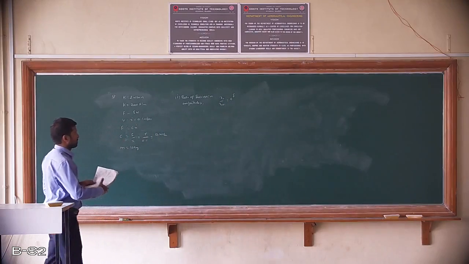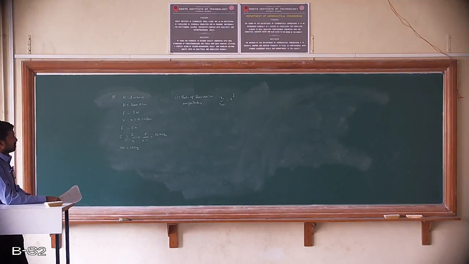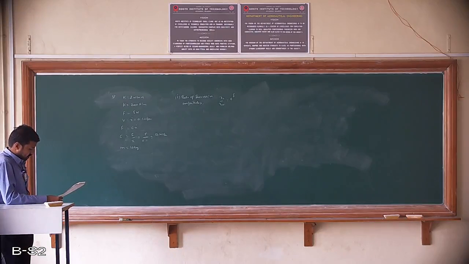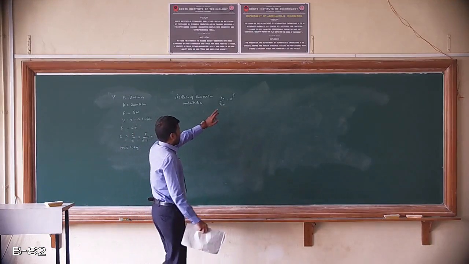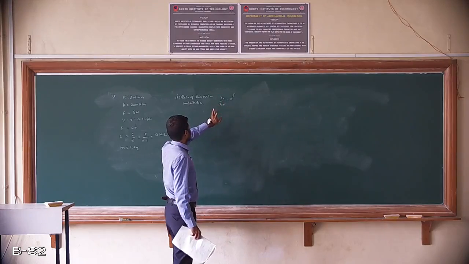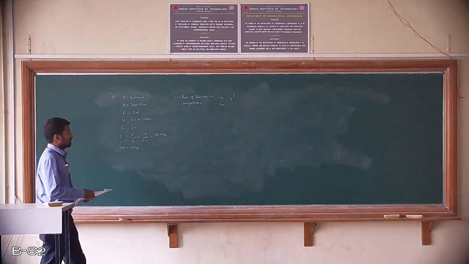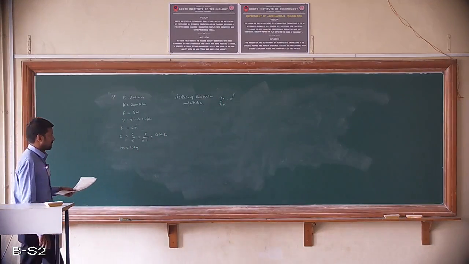So how to find out the value of delta? If we get the value of delta, we can find out the ratio of successive amplitudes, that is xn by xn plus 1 is equal to e raised to delta.